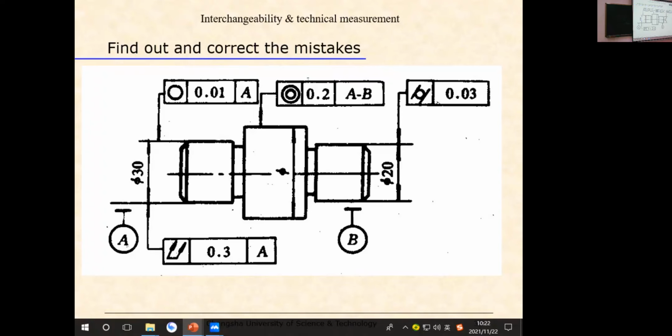Validate them. That is very important. That is very important for the engineers. Look at the picture.